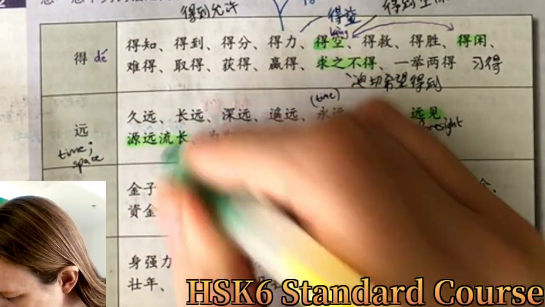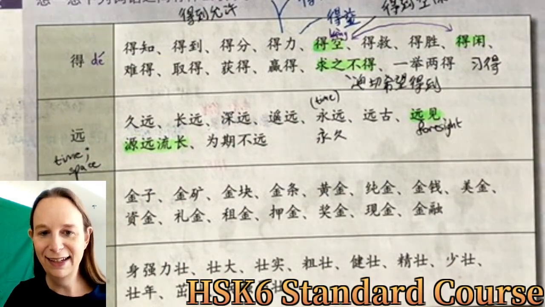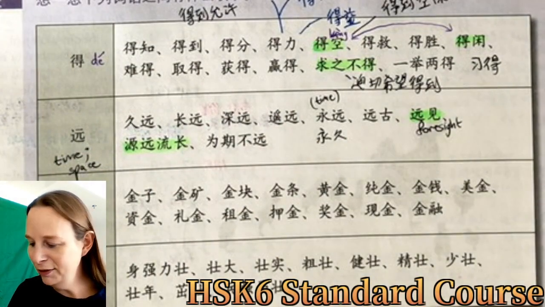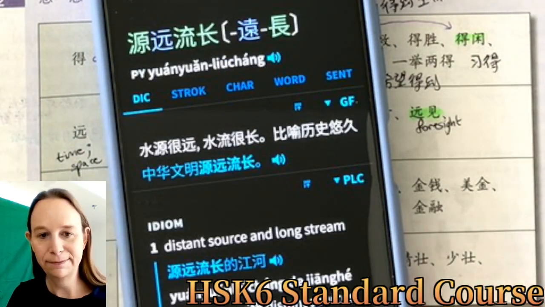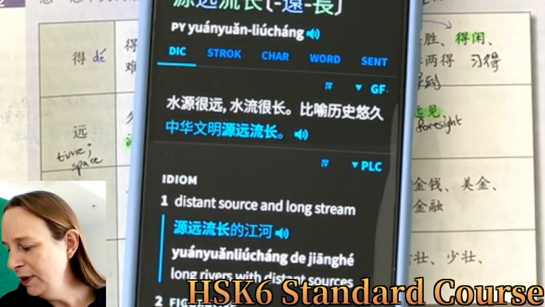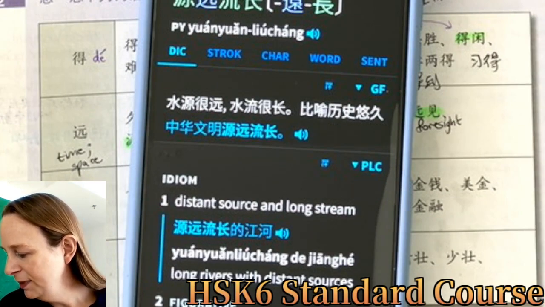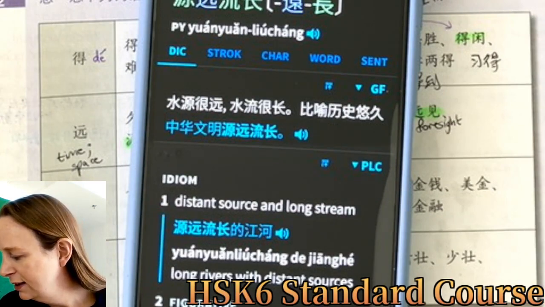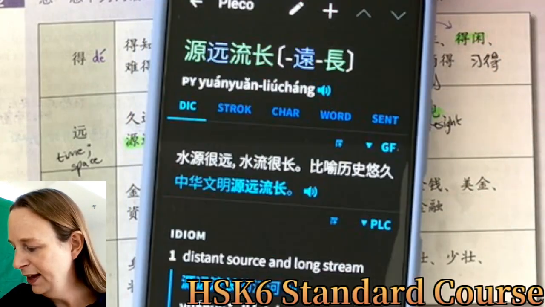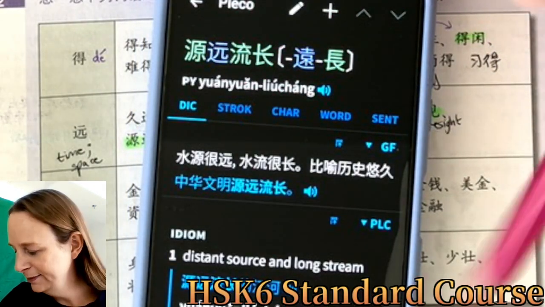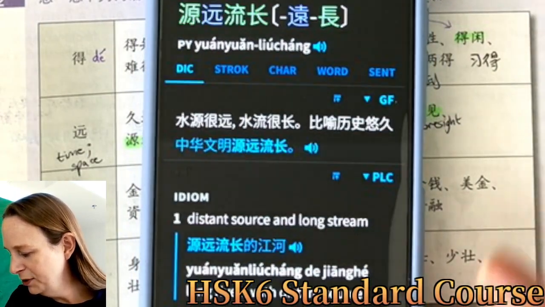I'm guessing, right? It should be 源远流长. It is 长. 水源很远. 水流很长. Okay, so the water source is far off and it has to flow a long way, kind of thing. Distant source, long stream.